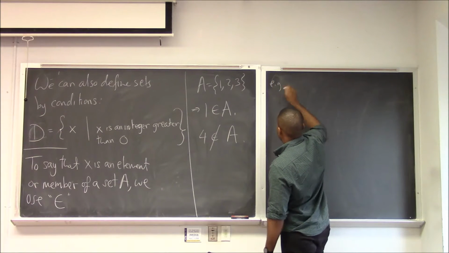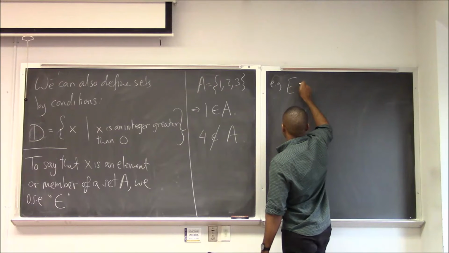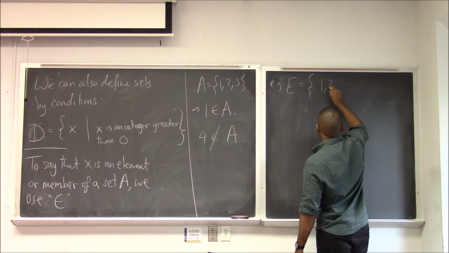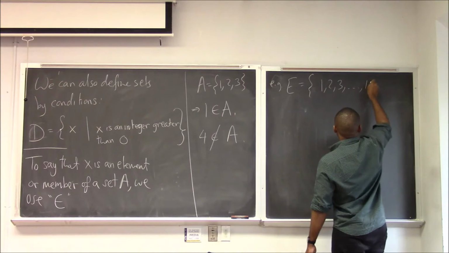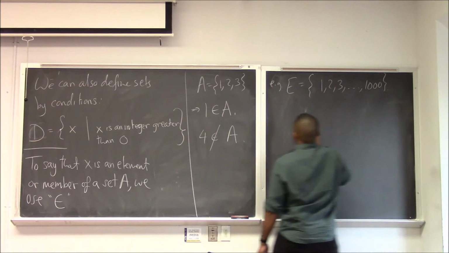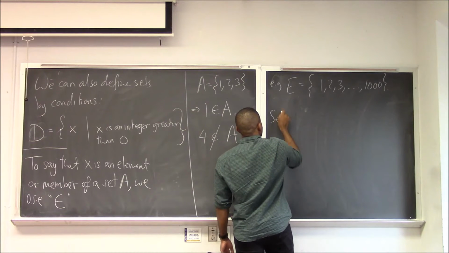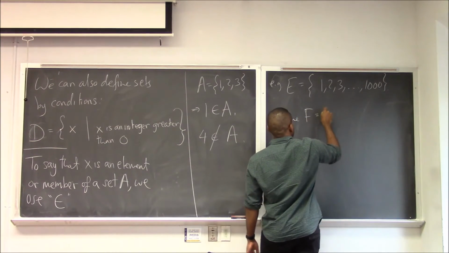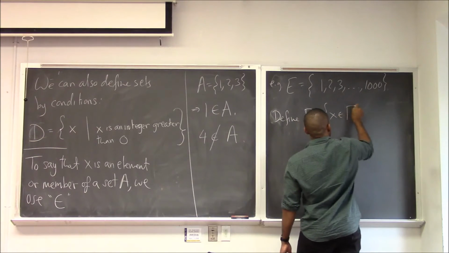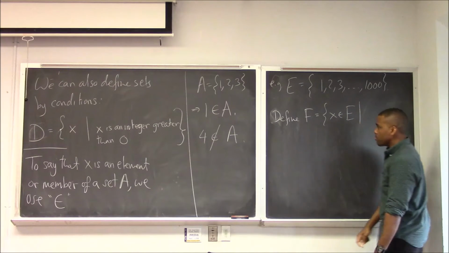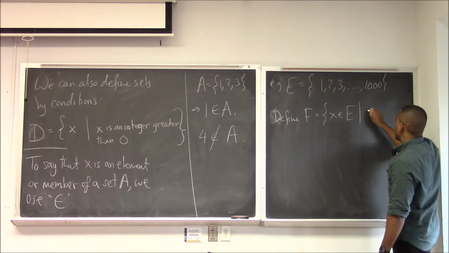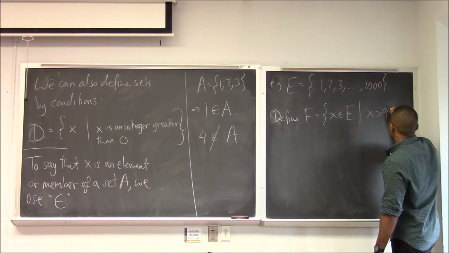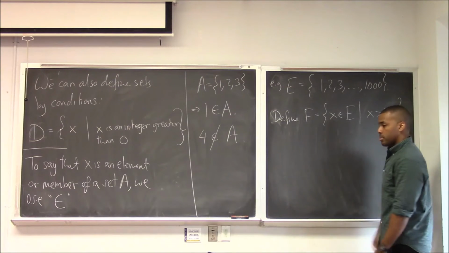Another example. Here's a set, all the way up to 1,000. Define F to be equal to the set of all x in E such that x is greater than 998.